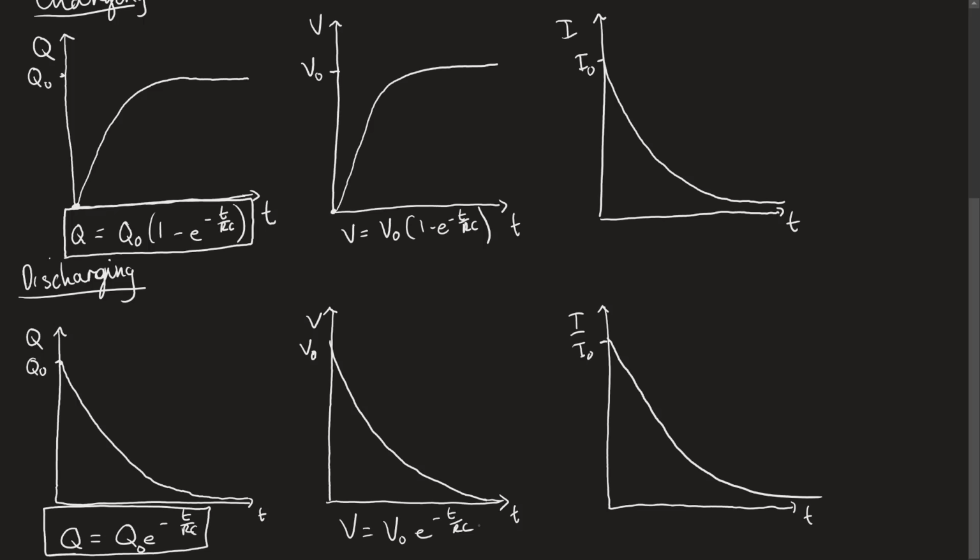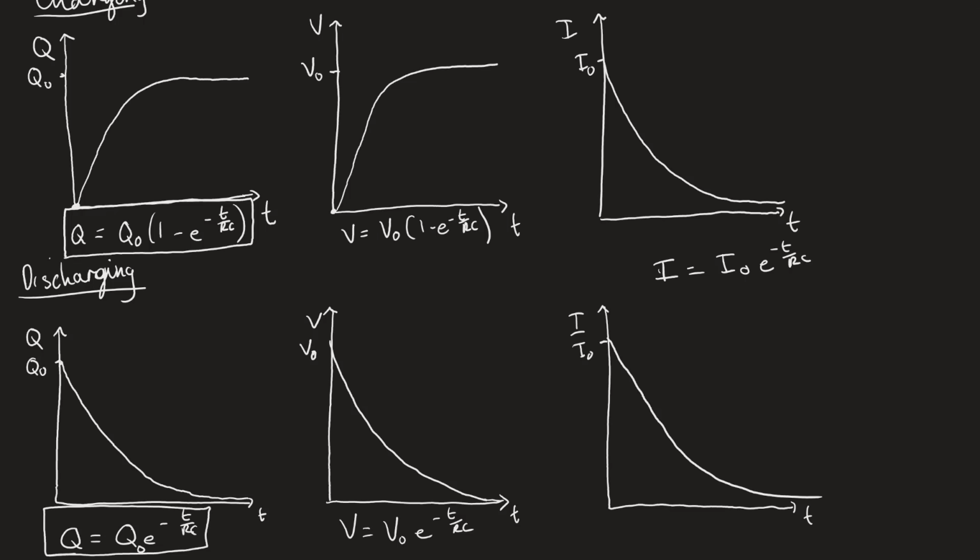Now we can see that this decay behavior is actually the case for current in both cases. So in both cases for current, we can always write I is I naught e to the minus t over RC.